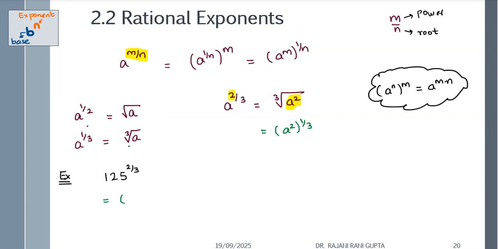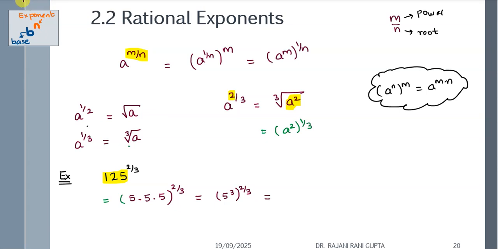So can you tell me, what will be the factors of 125? It will be 5, 5 and 5, because if we multiply 5 three times, we get 125. So it is 5 power 3, whole power 2 by 3.